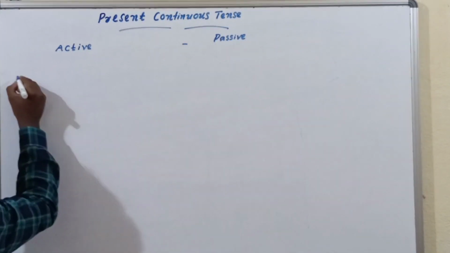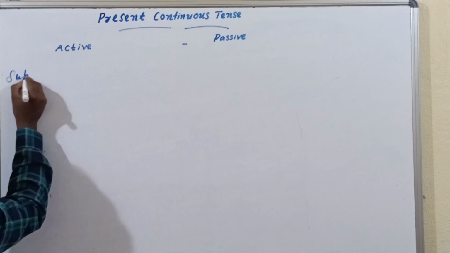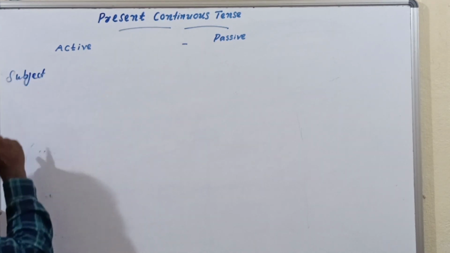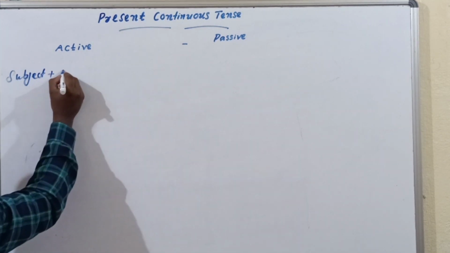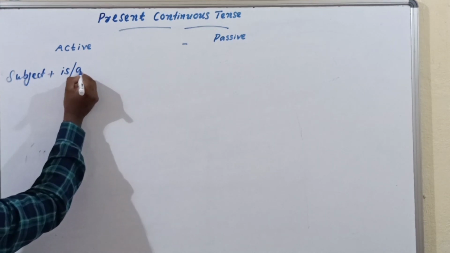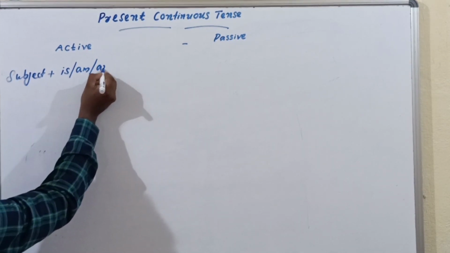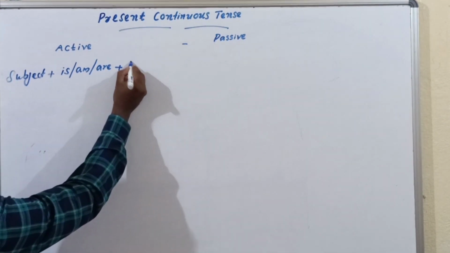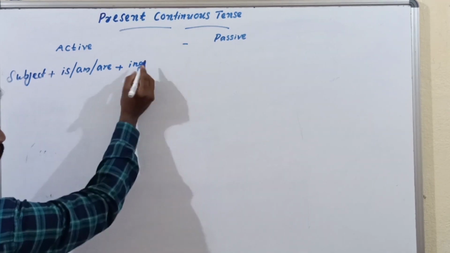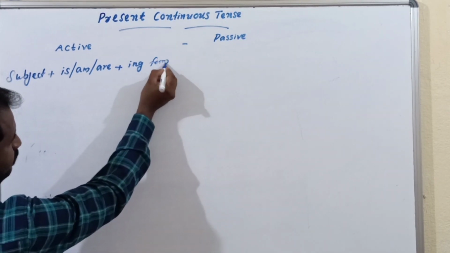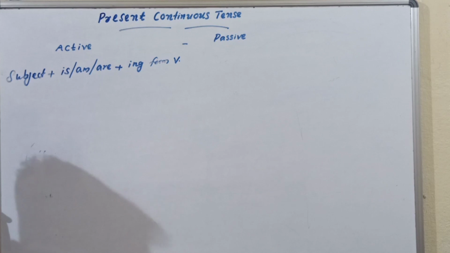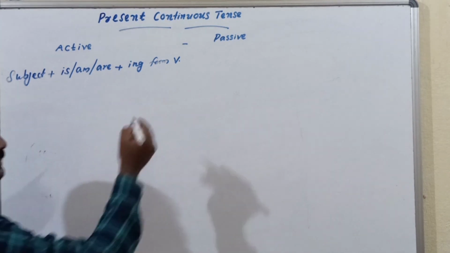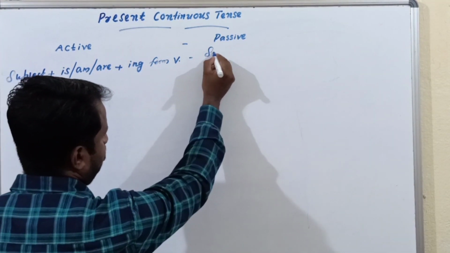Present continuous tense. Active form: subject plus is, am or are plus the ing form of the verb. And what is the passive form?